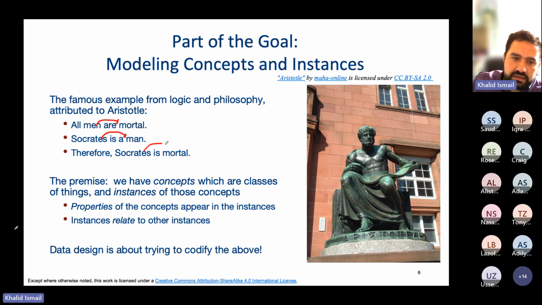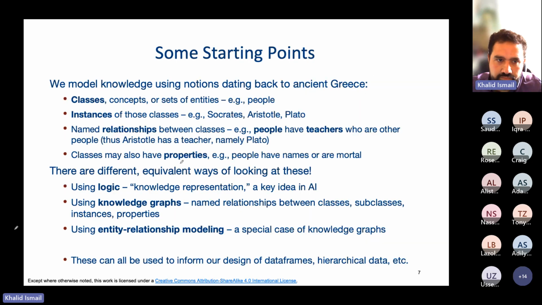So simply Socrates is a mortal. That's simply the famous example, or this is the logic of modeling the concept and the instances.